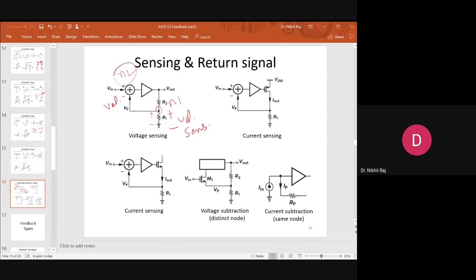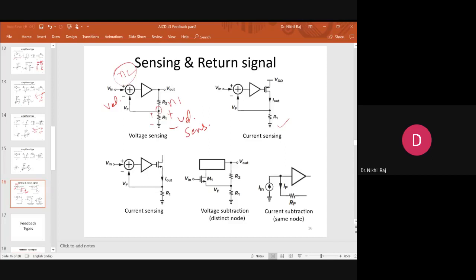So whenever we are doing voltage sensing and giving voltage, different nodes must exist. But in the current case it is not so. The node can be the same because we need to do current division or subtraction. If you recall your KCL, a single node is enough. When we do nodal analysis, the current division and subtraction take place only at a single node.